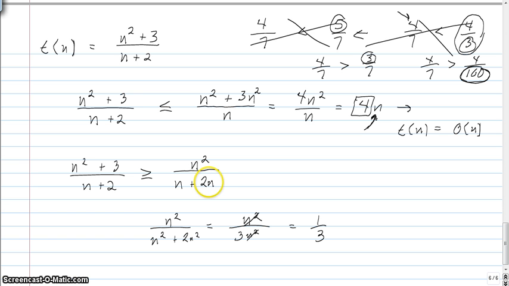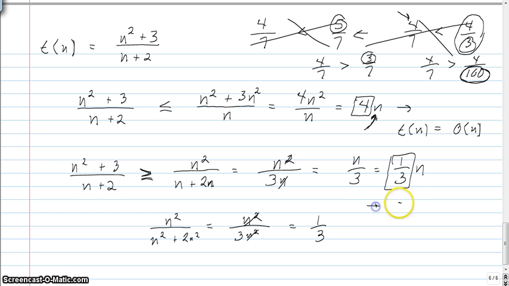So I'm going to leave this guy as n, because then what that gives me is n squared over 3n, and I can cancel an n. So that gives me n over 3, or equivalently 1/3 n. So there I've got my constant times n, which is less than the original expression.